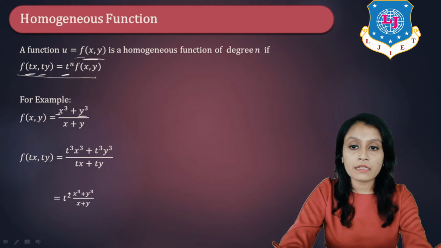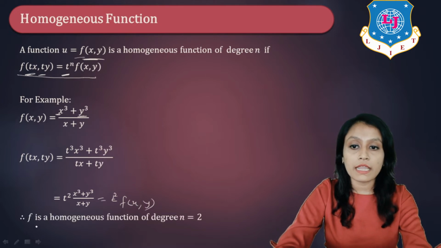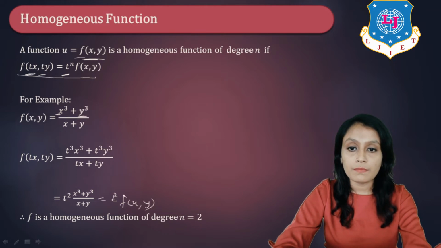So here you will get t^2, and what remains is (x^3 + y^3)/(x + y), and this is the function f(x, y), right? So this is equal to t^2 f(x, y). So we can say that f is a homogeneous function of degree 2, because here n is equal to 2.